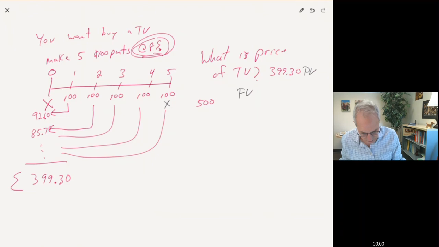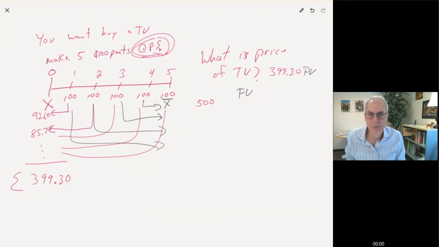Okay? So now we're going to take all of these 100s and bring them into the future. What would this 100 be worth at that point in time? What would we multiply it by? Simply 1. Why 1? Because it's not going backwards, it's not going forward, it's simply there.